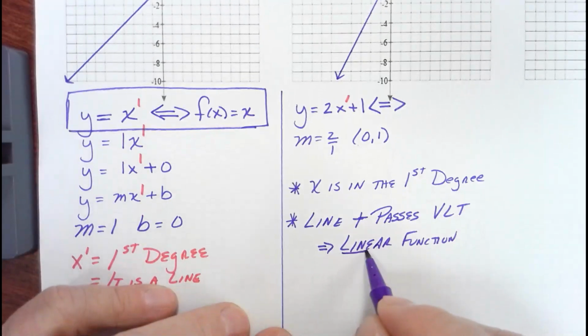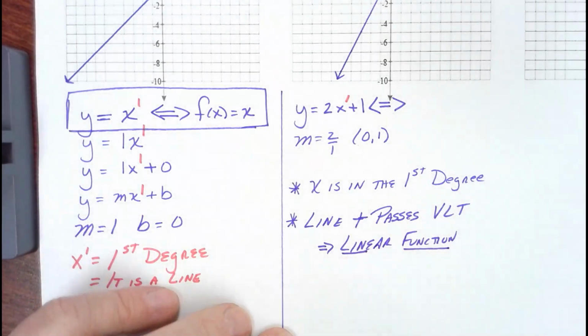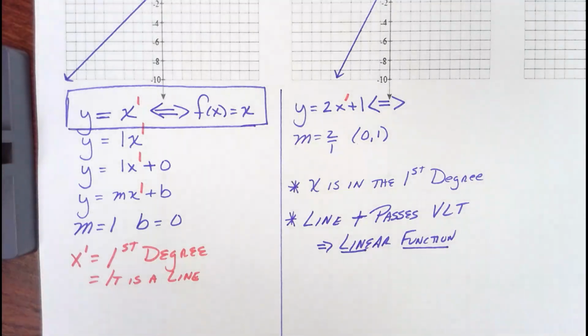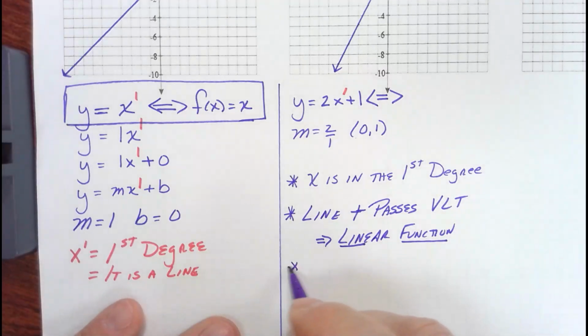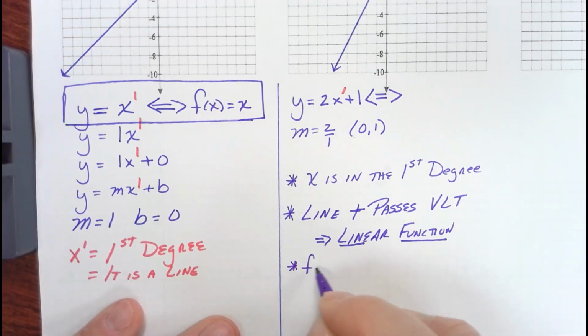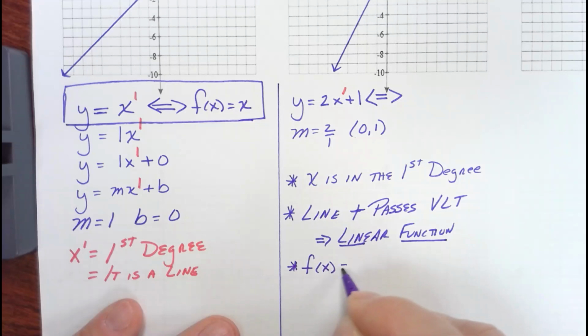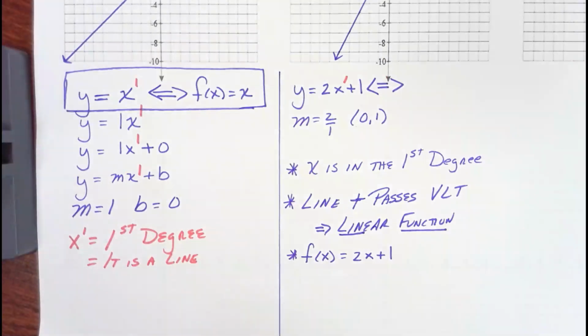It is a graph of a line, and it passes the vertical line test. And finally, I can write it as f of x equals 2x plus 1, just as easy as y equals 2x plus 1.